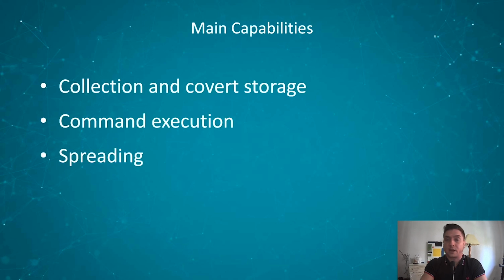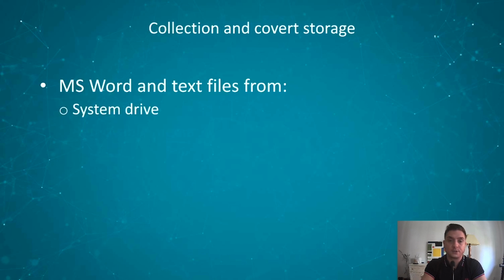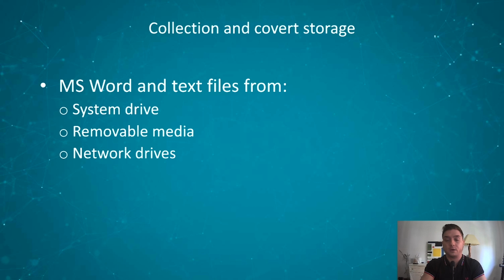So there is a lot that could be said about Ramsay. However, we decided to only talk about three different topics in terms of its main capabilities, which we think are the most relevant: collection and covert storage, command execution, and spreading. So in terms of collection, as we previously mentioned, Ramsay's main objective is to collect sensitive documents.